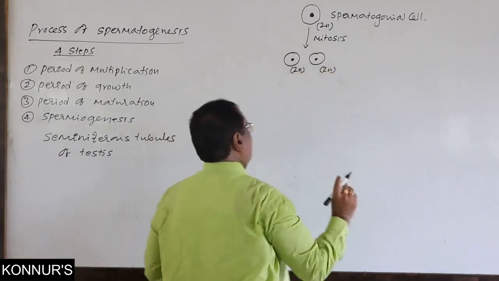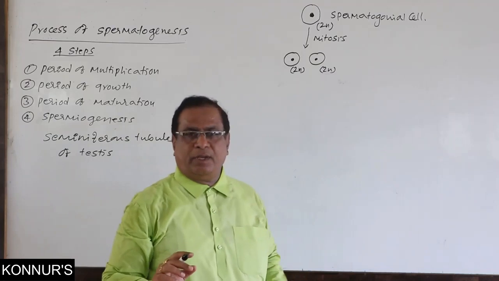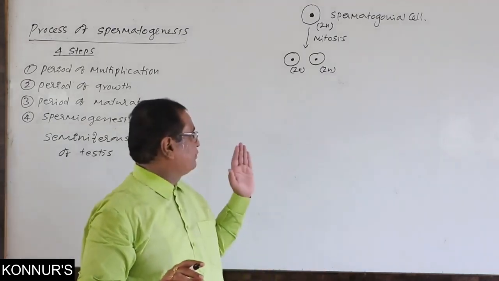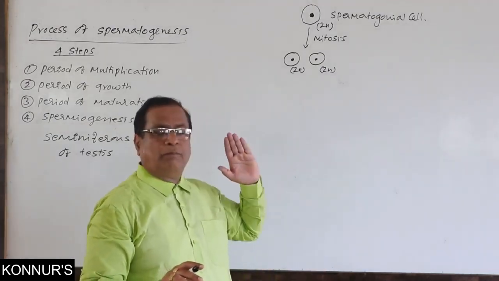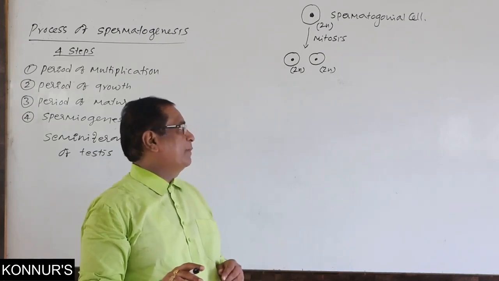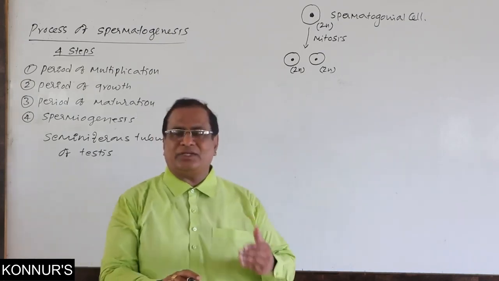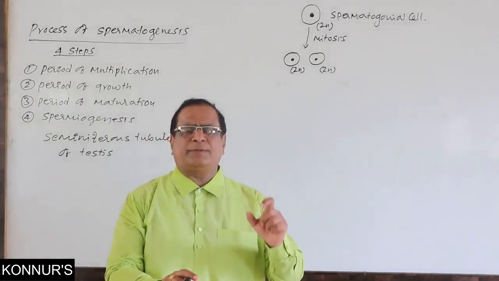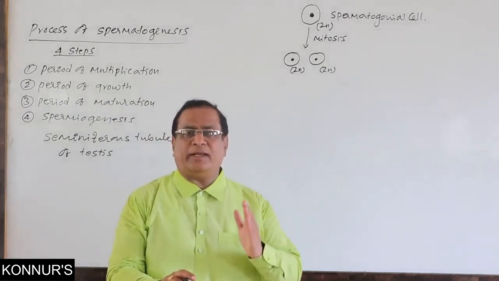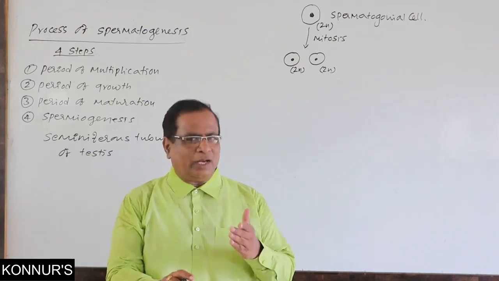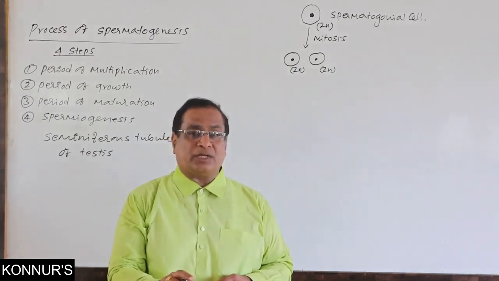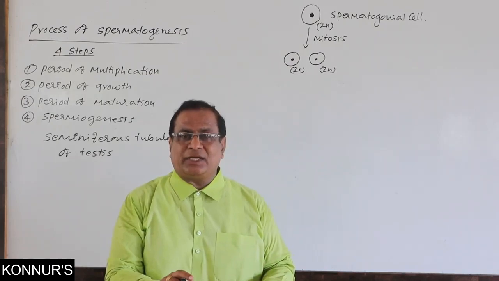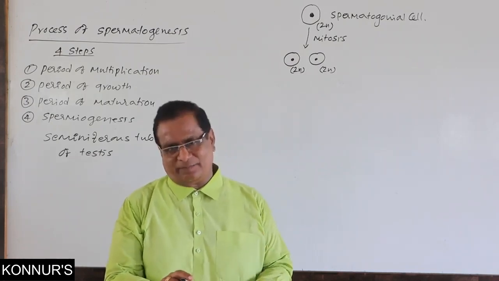In the first step, period of multiplication, by mitosis, spermatogonial cells get increased. Why should the number of spermatogonial cells be increased? We already know that sperm production takes place in terms of millions.